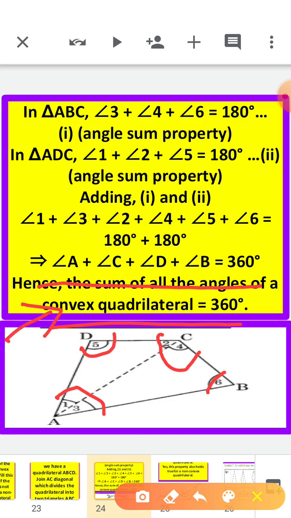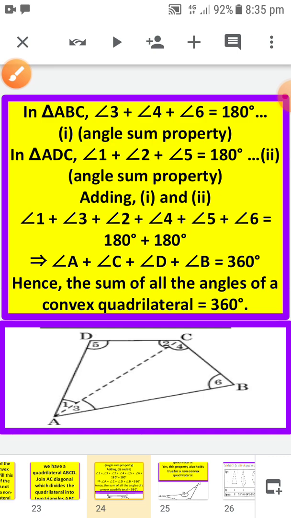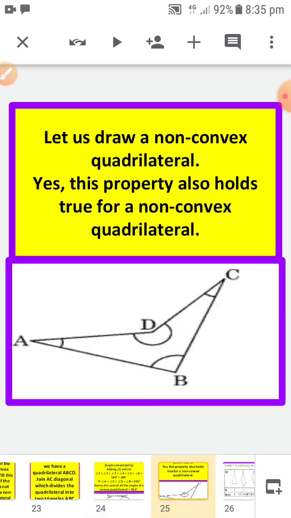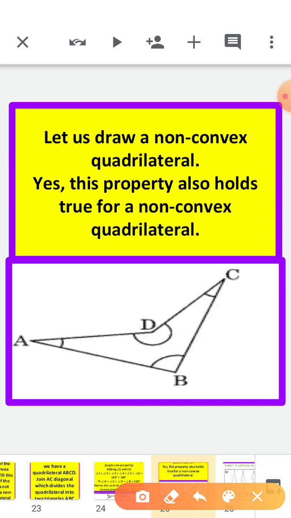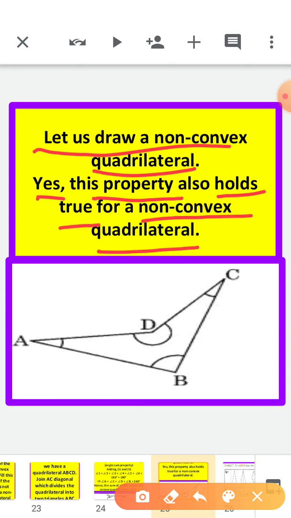Now the question is asking whether this property suits a concave quadrilateral as well. So let's take one non-convex quadrilateral, that means a concave quadrilateral, and draw it. Yes, this property also holds true for a non-convex quadrilateral. Why? See, this angle is more than 180, so this is a concave quadrilateral. Join this BD.